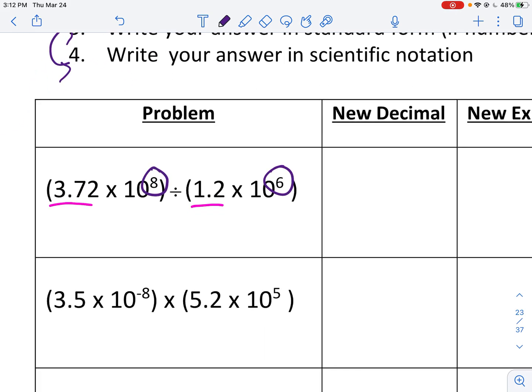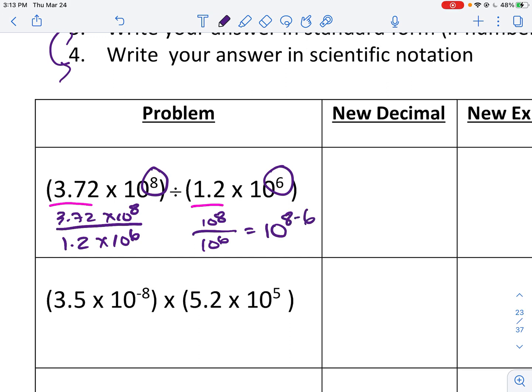So this very first thing, remember 3.72 times 10 to the 8th over, because that says division, 1.2 times 10 to the 6th. So this is the same thing as saying 10 to the 8th over 10 to the 6th. And I know that I haven't let you guys use the shortcut, but all we are going to do is subtract those exponents.